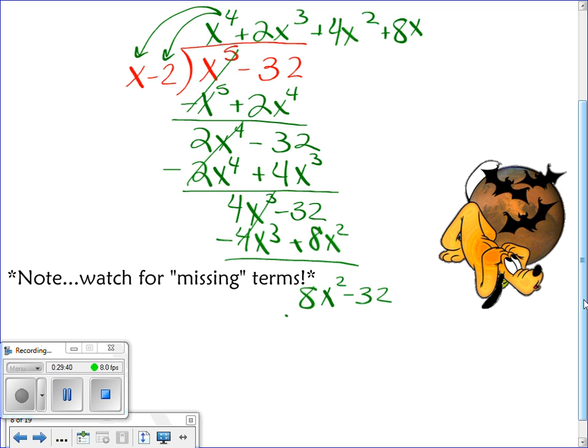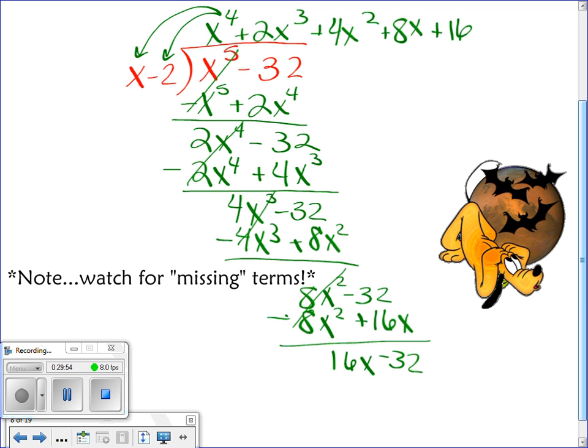All right, multiply. Get 8x squared minus 16x. Change your signs. 16x minus 32. Well, what do you multiply x by? 16. Multiply. Minus 32. Change your signs.